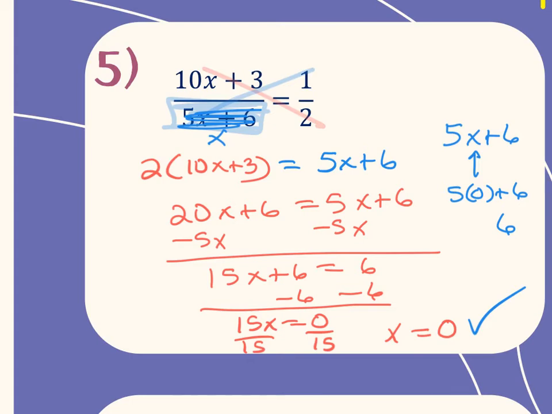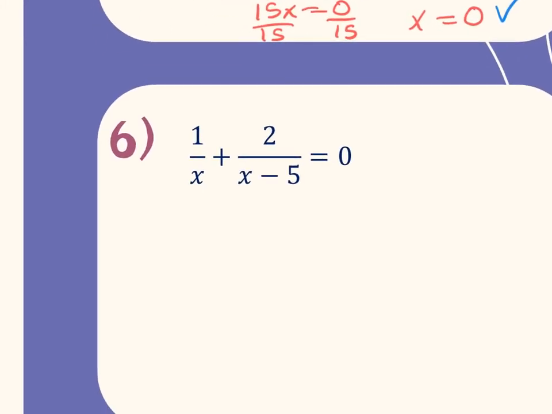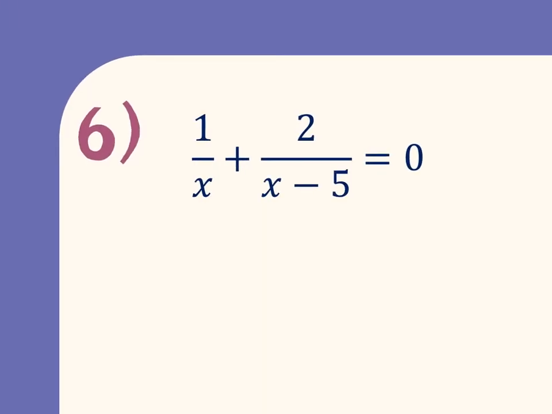Let's try number 6. So now we have expressions. So what we're going to do here is our common denominator is going to be both of these. Let me rewrite the problem.